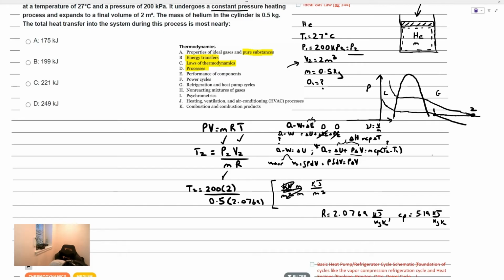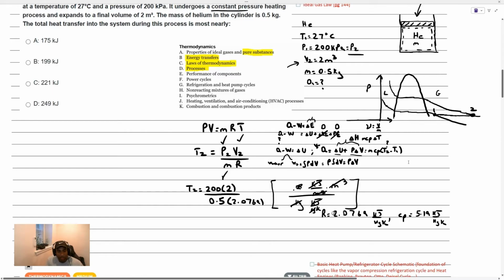The volume is measured in cubic meters, so those units are going to cancel out. We have the mass measured in kilograms, and we know that R, the gas constant, is kilojoule per kilogram Kelvin. The Kelvin crosses out, the kilojoules cross out. We're left with Kelvin, which is exactly what we want.